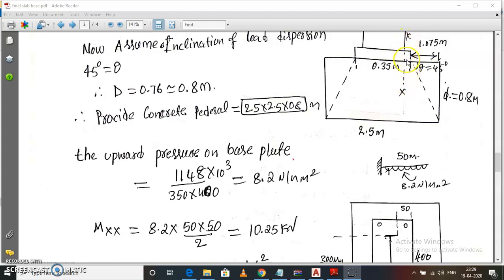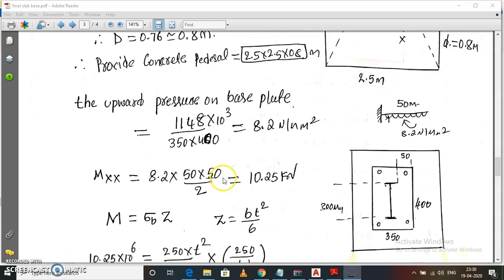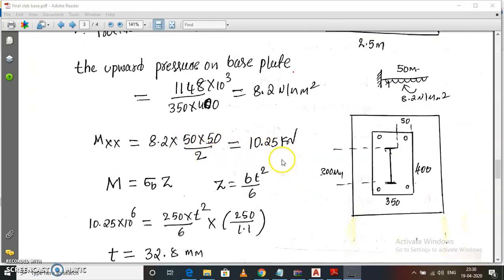You can see in the figure, the extension of the base plate is 50 mm on either side, and this acts like a cantilever portion. Therefore, the maximum bending moment can be calculated by using the formula W into L square divided by 2. The extension is 50, so divided by 2, that is equal to 10.25 kilonewton.